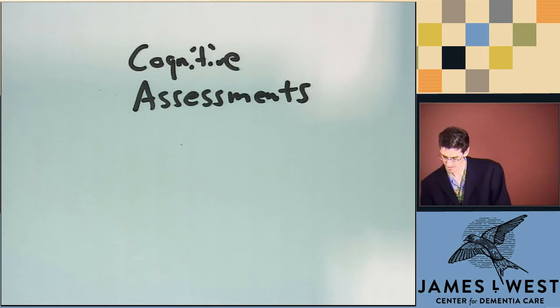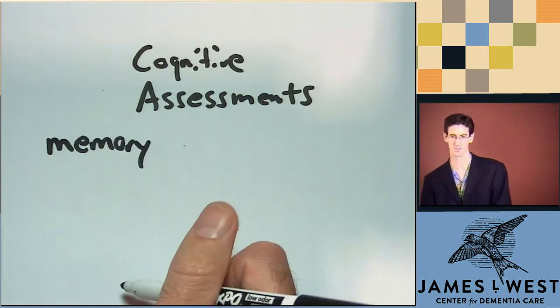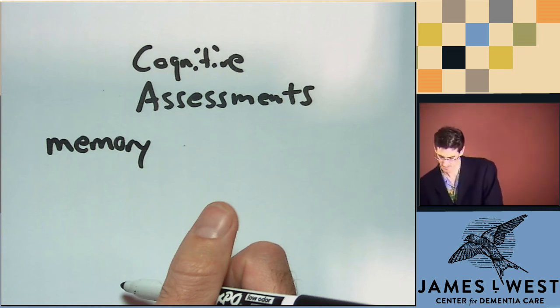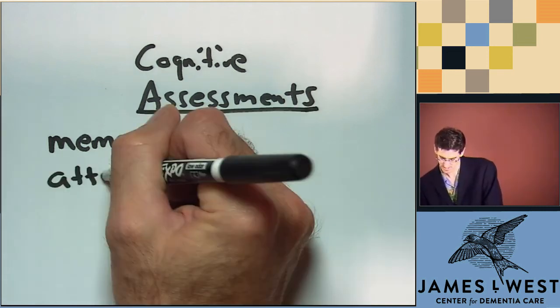And so maybe memory predicts decisional capacity. You can imagine how memory might be important in decision making. But there's lots of cognitions out there. Memory is a cognition, attention is a cognition, concentration. What else?